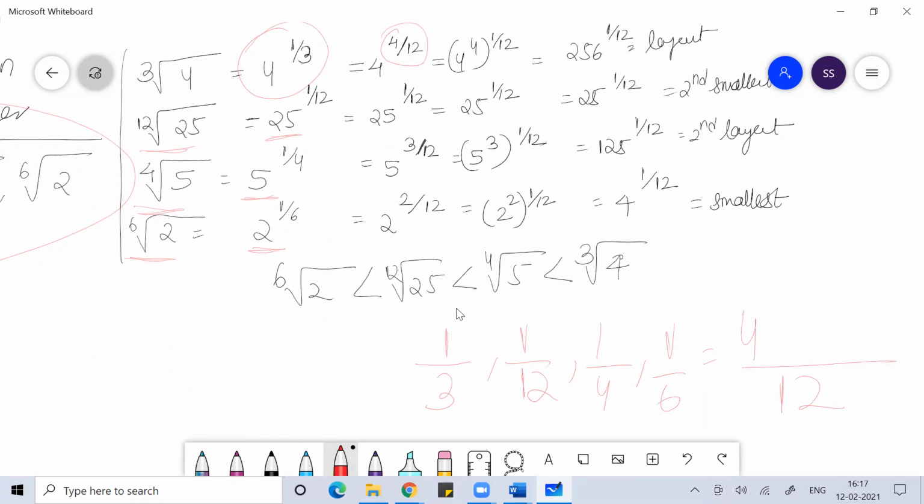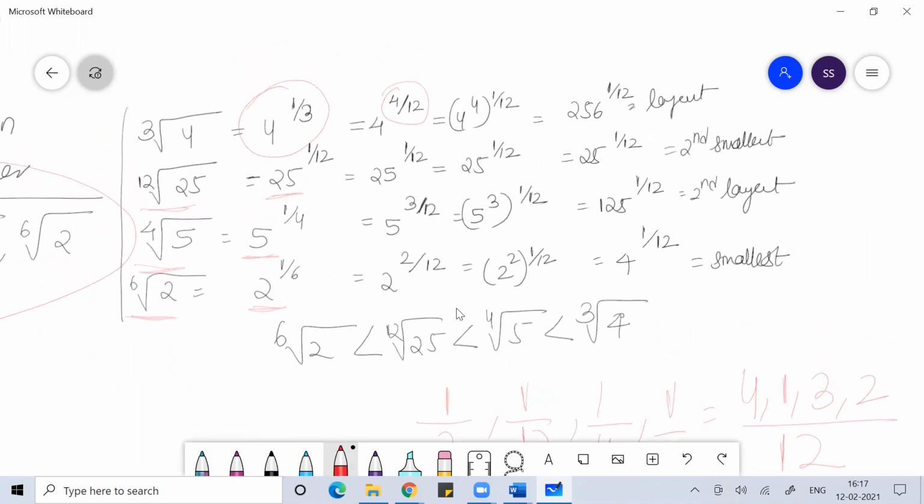So the numerator here will be 4, here 1, here 3, and here 2. So what I did, I wrote 4 to the power 1 by 3 as 4 to the power 4 by 12. And then I took 4 to the power 4 common. If I took it inside, then I'll get 256 to the power 1 by 12.